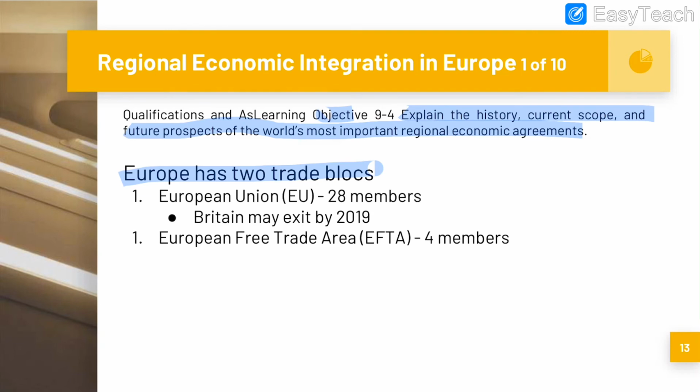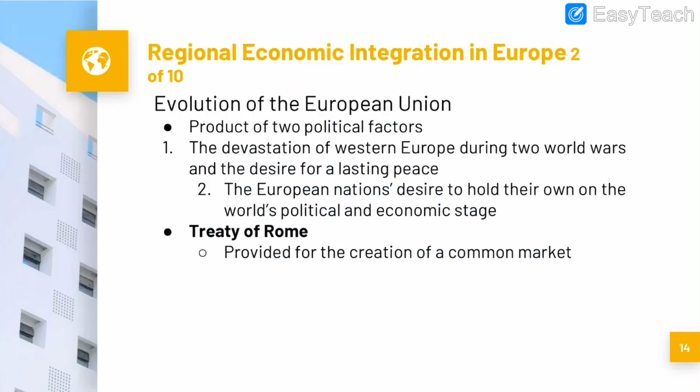In Europe the two trade blocs are the EU, European Union, which consists of 28 members, and in 2019 Britain might exit the EU. We call that Brexit, which we will learn about later. And we have the European Free Trade Area, EFTA, with 4 member countries.